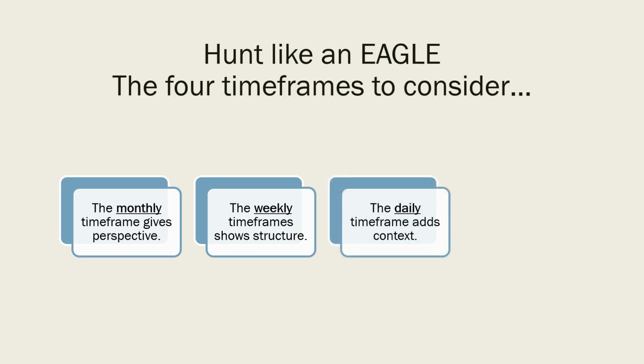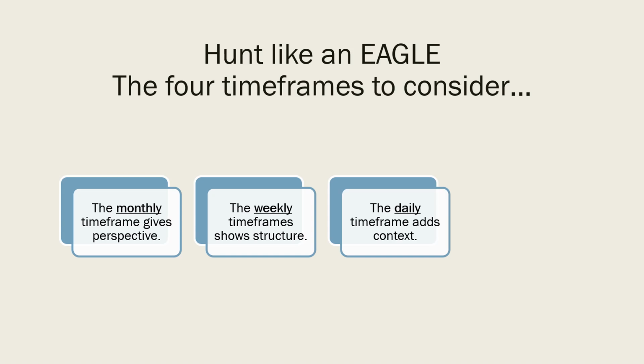The daily time frame is going to add a lot of context to the moves that you're seeing on the weekly. You'll be able to see accumulation and distribution clearer. You'll be able to see if price is being sold off or if it's being bought at key levels.